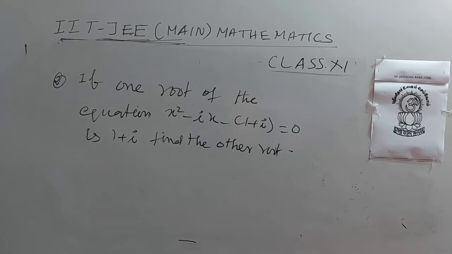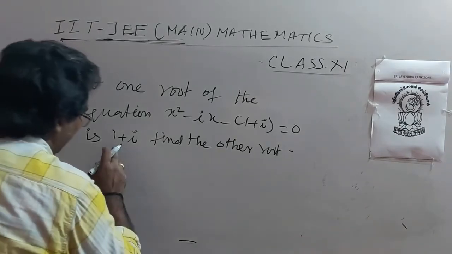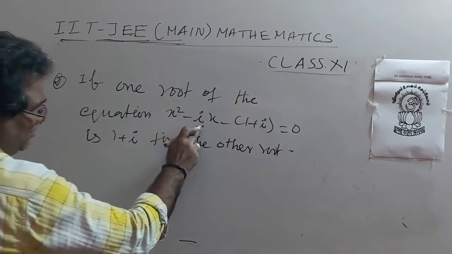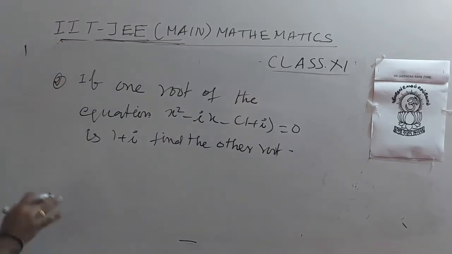But in this case we cannot say like this, because if 1 minus i is the other root, the coefficients should be real. But here we have a complex coefficient. Therefore this is not the case.